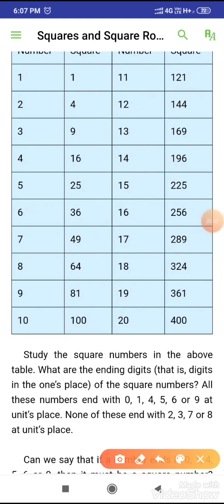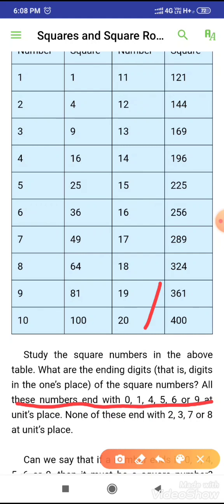So from the table we can conclude that all these numbers end with 0, 1, 4, 5, 6 or 9. You can clearly see in your table that the unit place of the numbers are 0, 1, 4, 9, 6, 5.